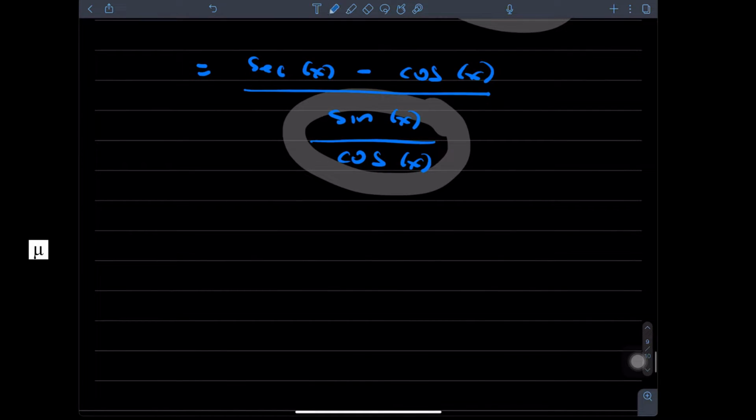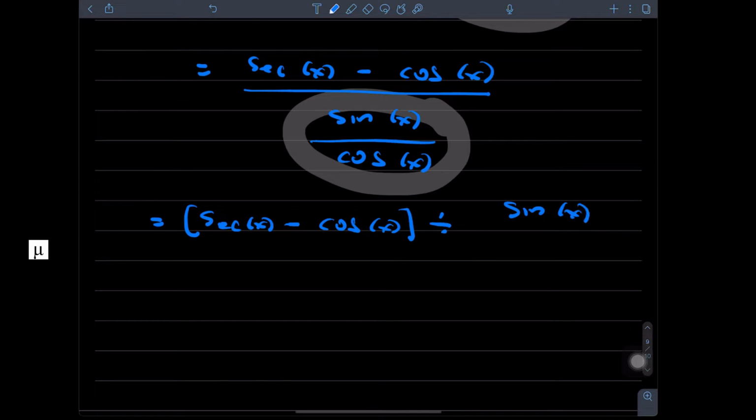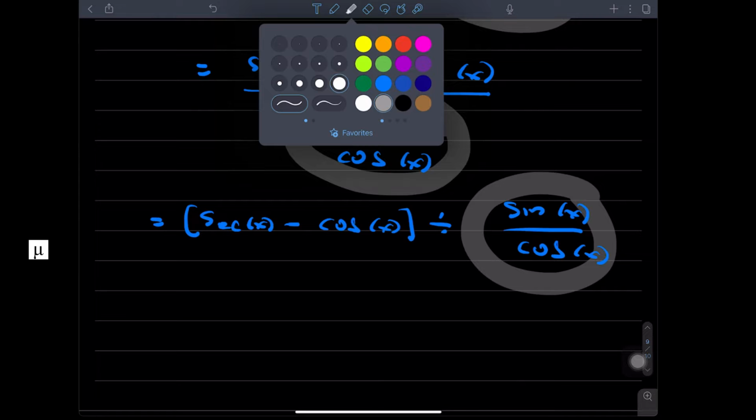Okay. We're going to use some algebra here. What do I mean by that? Secant minus cosine divided by what? Sine over cosine. So, I mean, this is the same. We're just actually focusing on the operation, right?